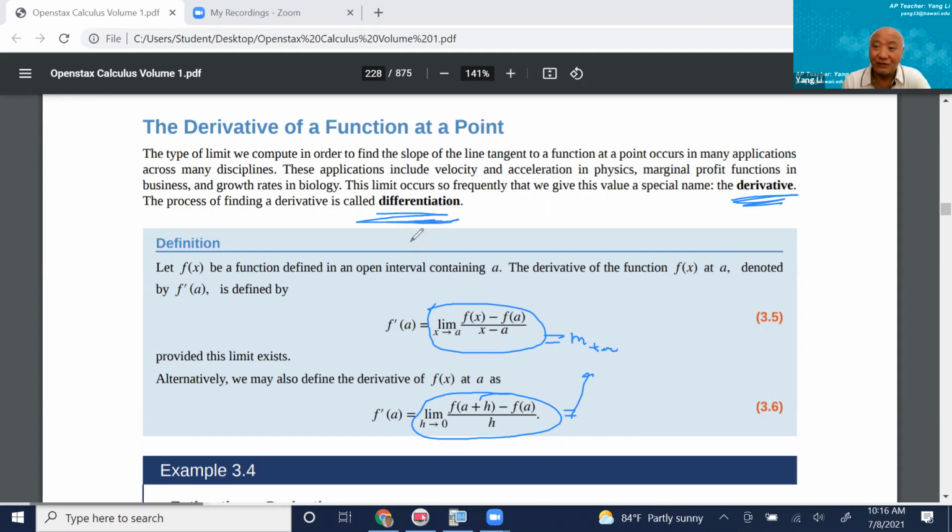Okay, so these two are very closely related. So the whole of AP Calculus, the basic part is what? From limits, we go to differentiation, and then we go to integration. Okay, so this is the second part, the most important thing there.